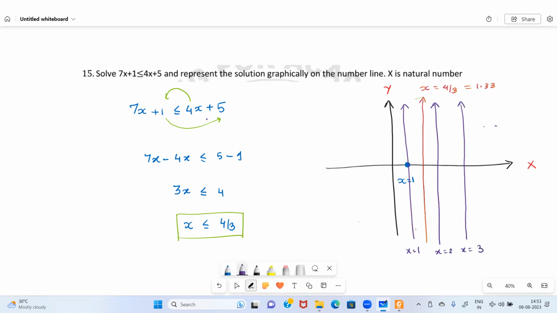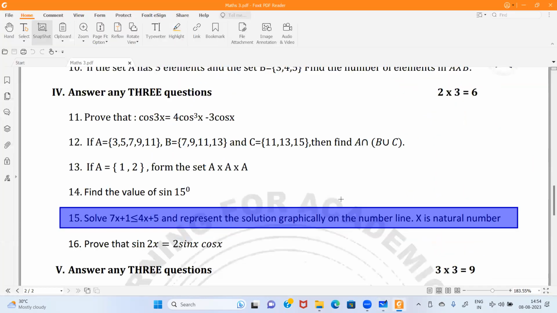When the value of x must be less than or equal to 4 by 3, then it is to the left of this line, number 1. So to the left of this line, there is only one line which is going to give you the solution for this, which is the line x equal to 1. Is it clear, students? Okay, now next, let's move on.